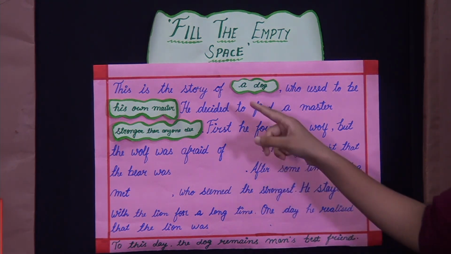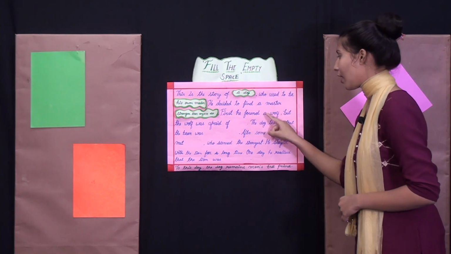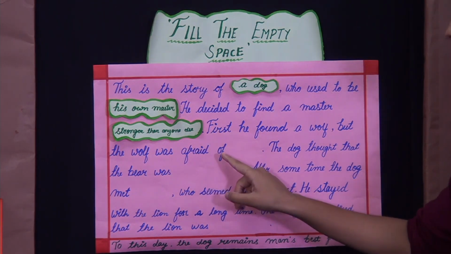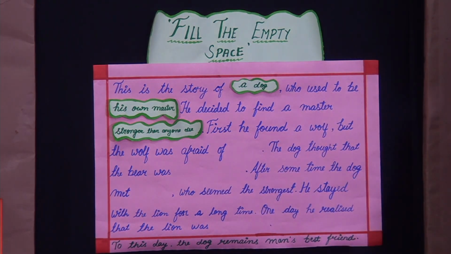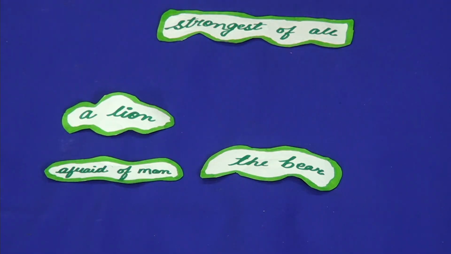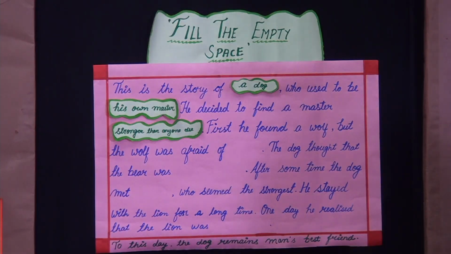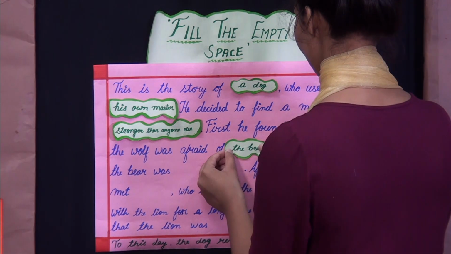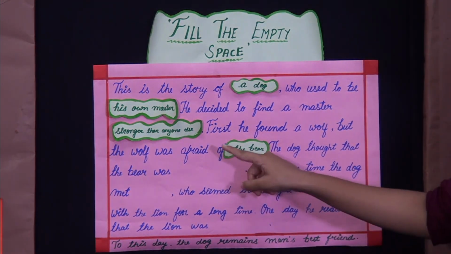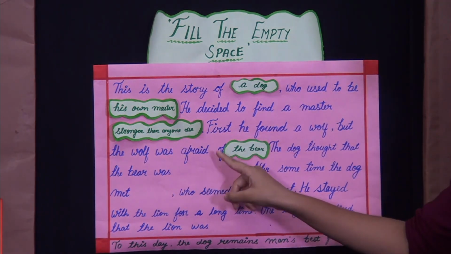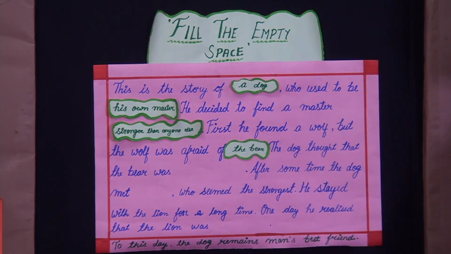Next we have, first he found a wolf, but the wolf was afraid of space. Tell me students, who was the one whom the wolf was afraid of? Yes, the bear. First, he found a wolf, but the wolf was afraid of the bear.